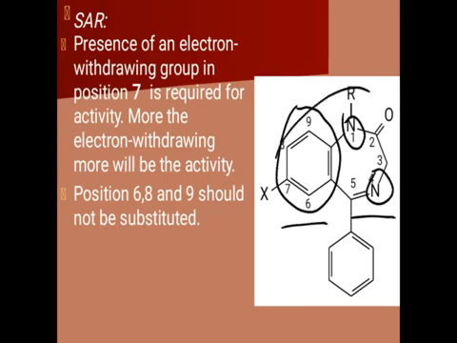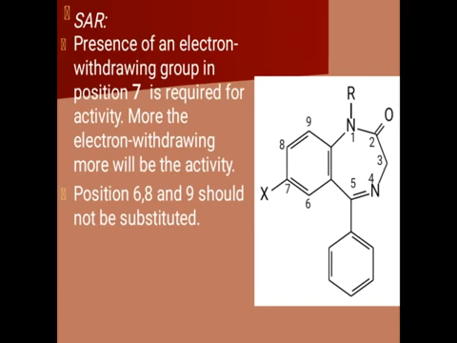So this ring is called the benzodiazepine ring, that is the benzene ring attached to the diazepine ring. This nitrogen is first, this is second carbon, third carbon, fourth, fifth, sixth, seventh, eighth, ninth. In this way the numbering of this benzodiazepine ring takes place.